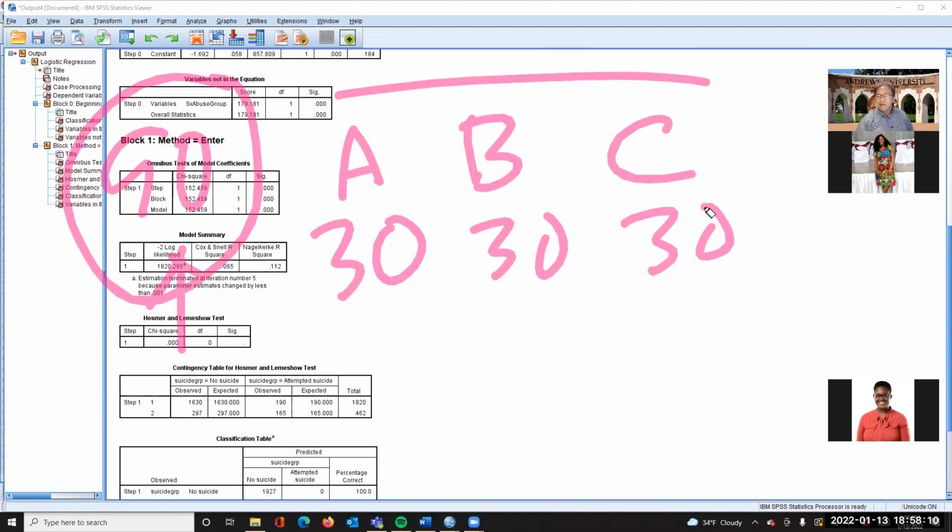That is what we call the expected frequencies. That's what you would expect.